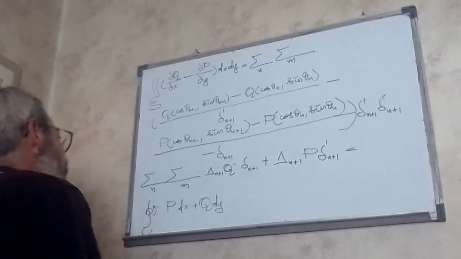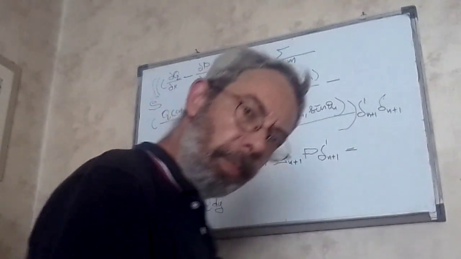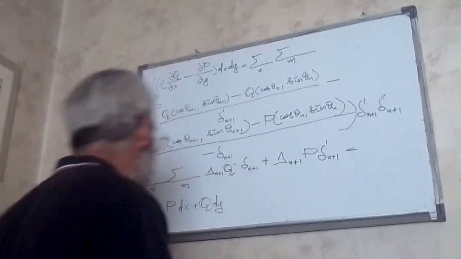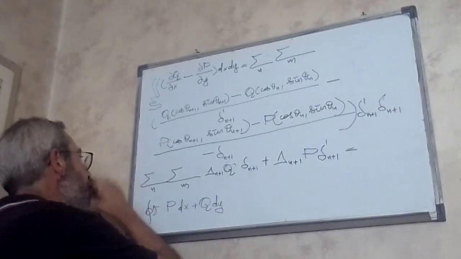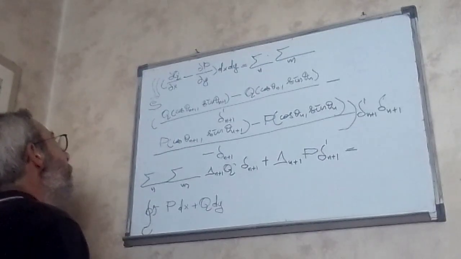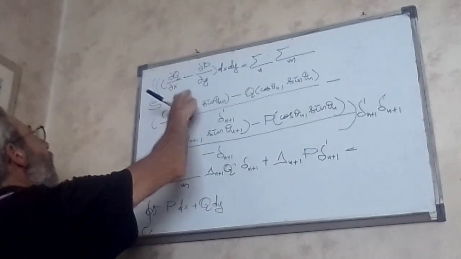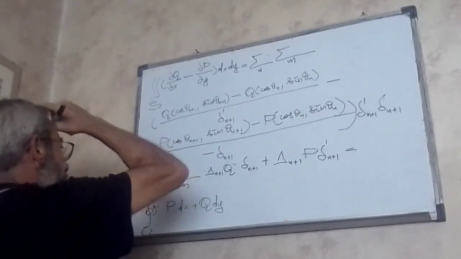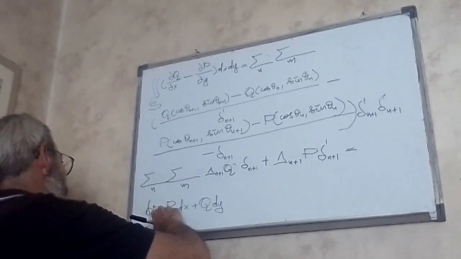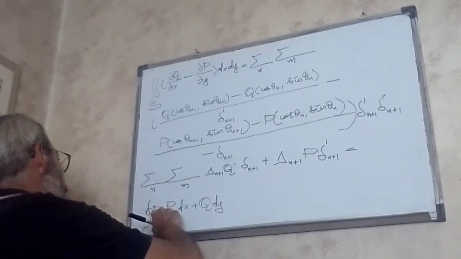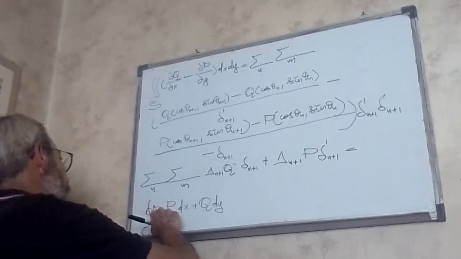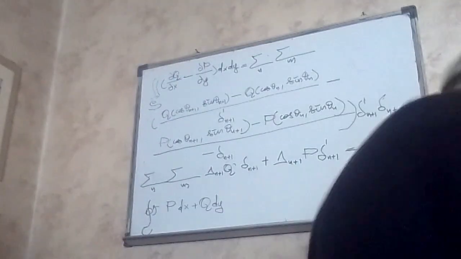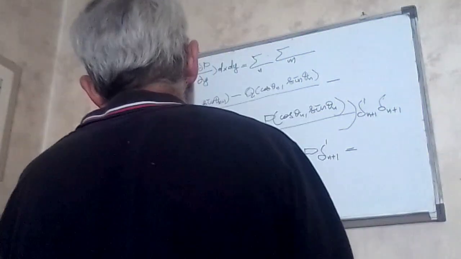So that we have finished, because with the equivalence of this double integral and this circuit integral, circulation integral, the proof is complete.